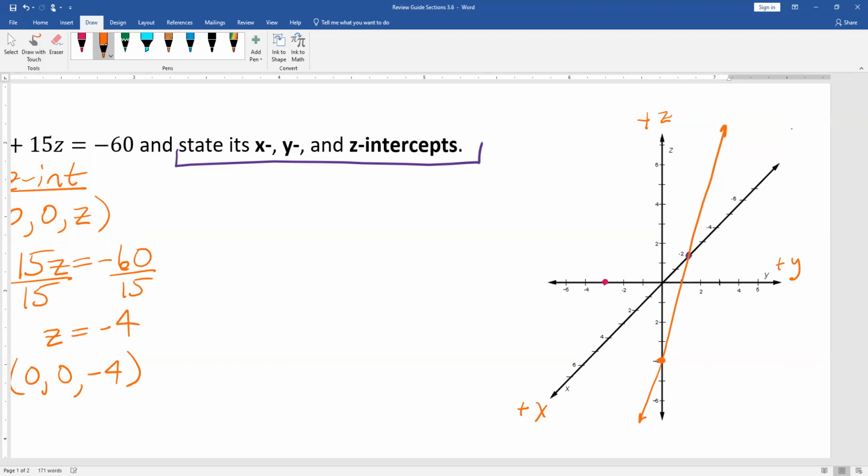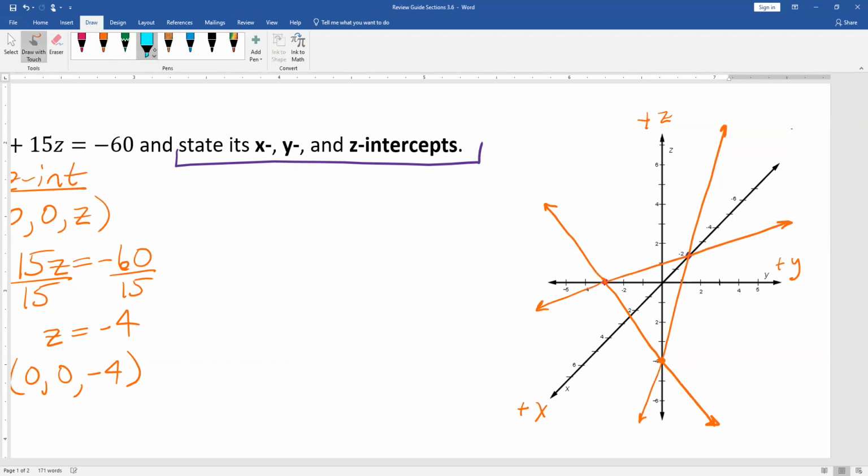All right, and now let's draw our y-z trace, which is something like this. You know how epic my drawing skills are. And then the last one is this guy over here.